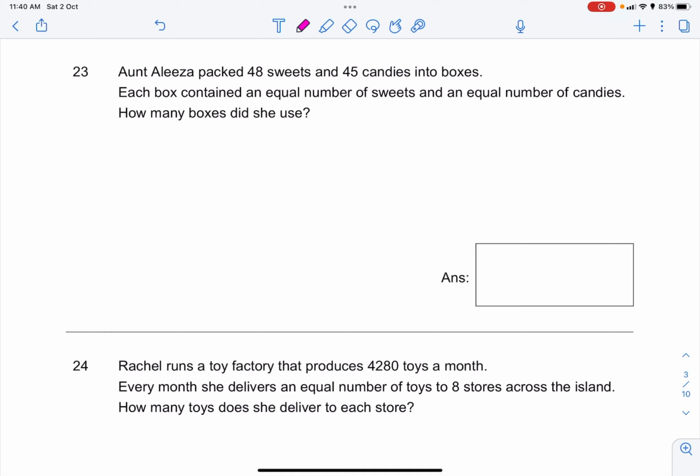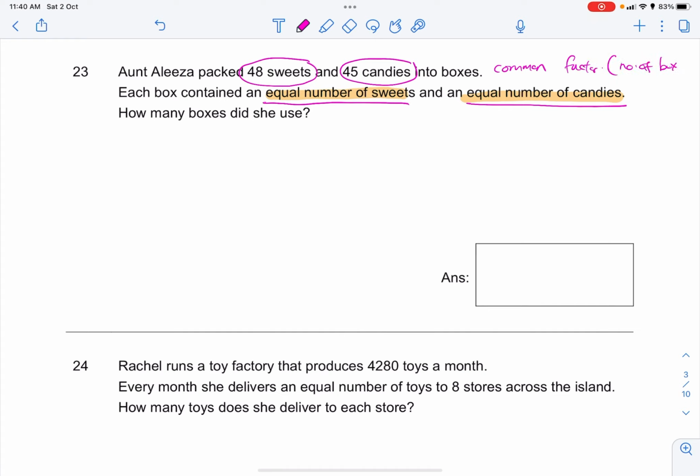Aunt Eliza has 48 sweets and 45 candies. She's going to pack them so that each box has an equal number of sweets and an equal number of candy. So how many boxes does she use? This is a question that asks for common factor. And this common factor will be the number of boxes.